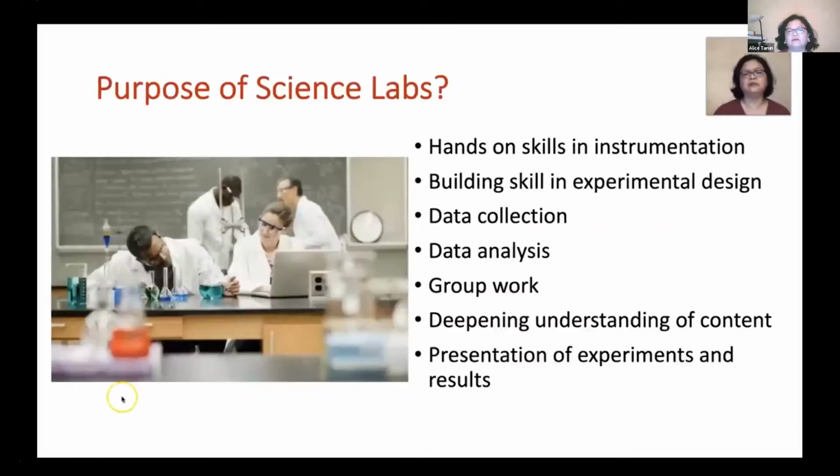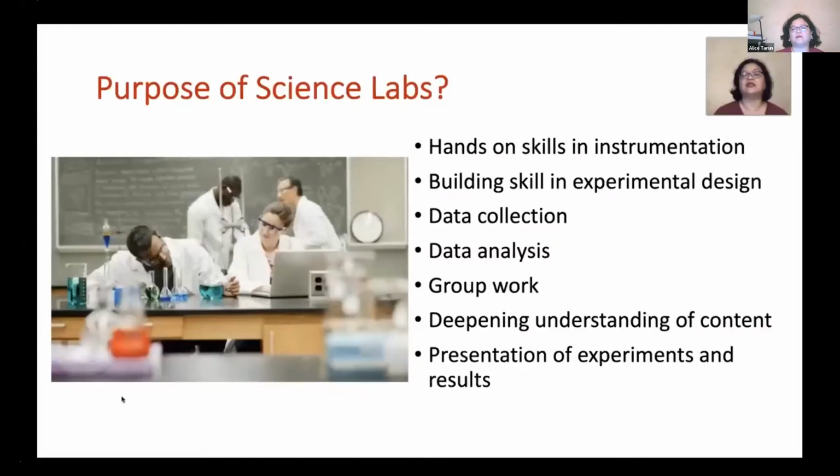So going back to what we want to teach students in labs, I've listed some of the core objectives, which include not only hands-on skills in instrumentation, but more so in really deepening the understanding of students and letting them apply the process of science.